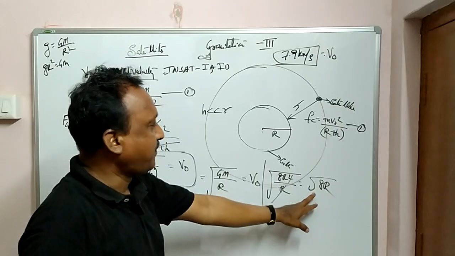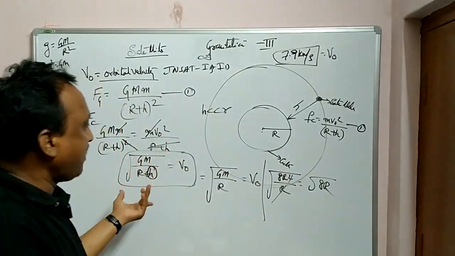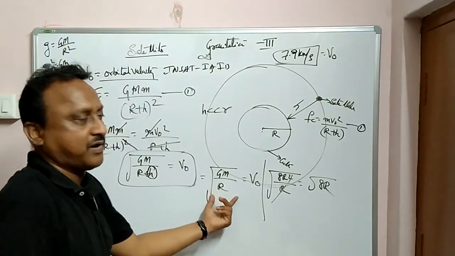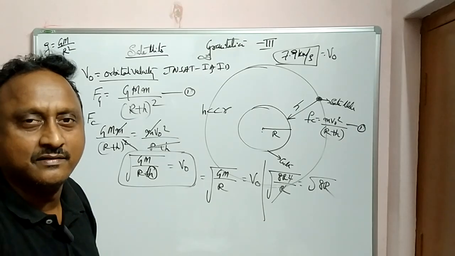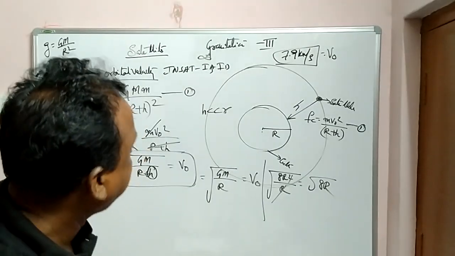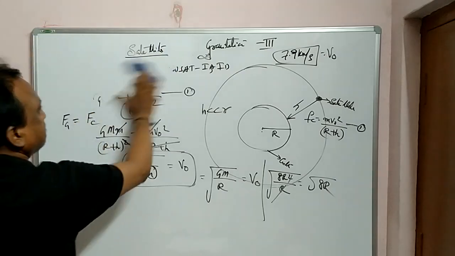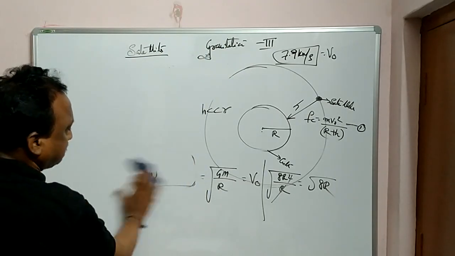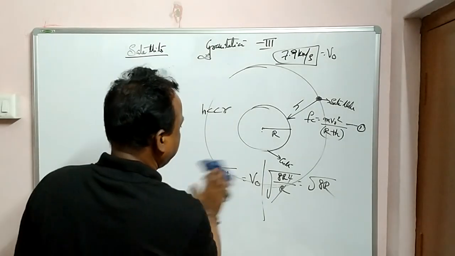It is obtained by putting the values of g and the radius. But the actual formula is this one. During numericals, you have to use this formula, root over G M by r, equal to v naught. Clear? Please copy it. Very, very important derivation. Note it down? Very good.